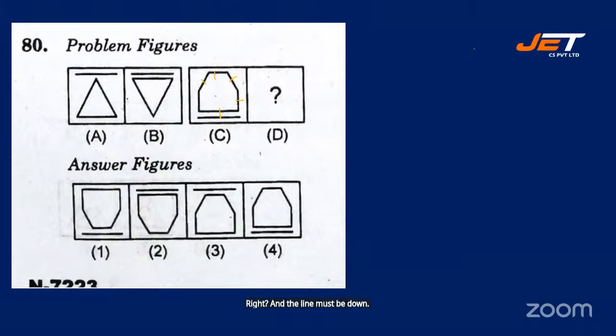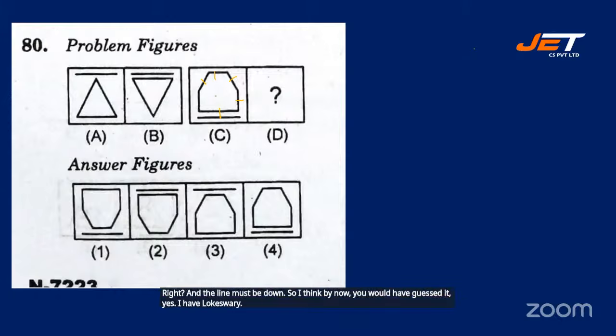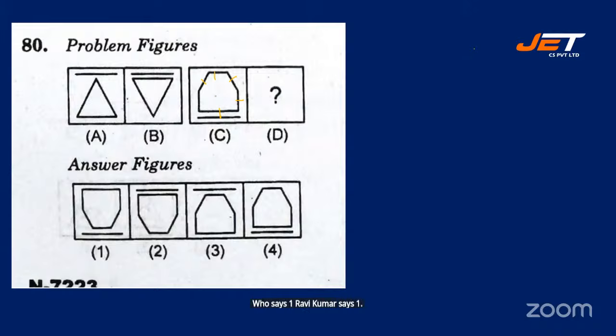So I think by now you would have guessed it. Yes, I have Lokeshwari who says 1. Ravi Kumar says 1. Uma Jagasa says 1. All right, now let me see our friends. Yes, here already I got the answer. Kaushik Chari.